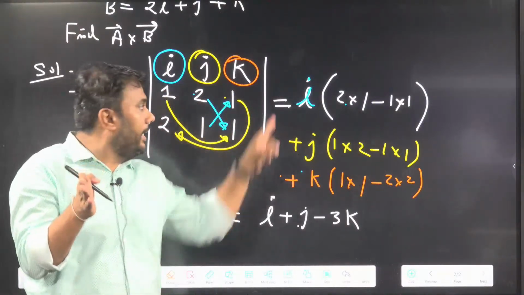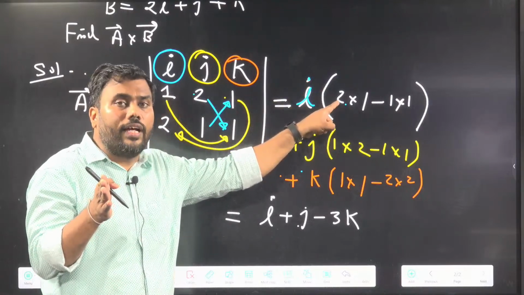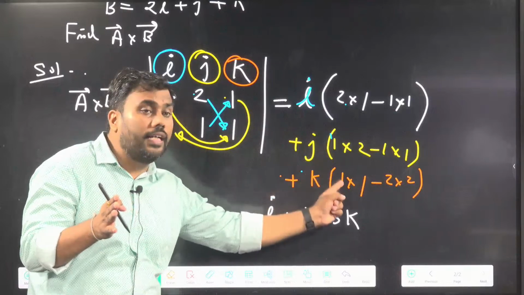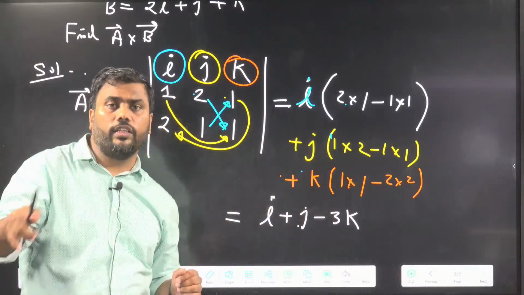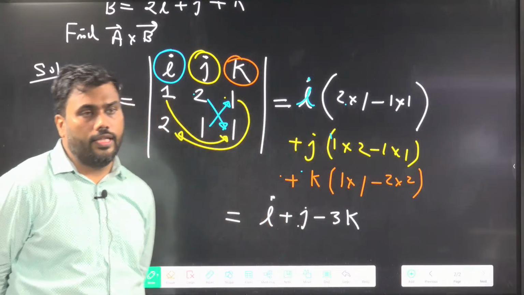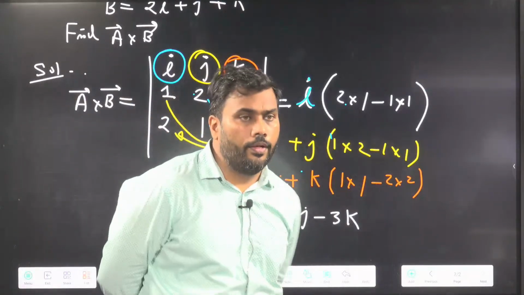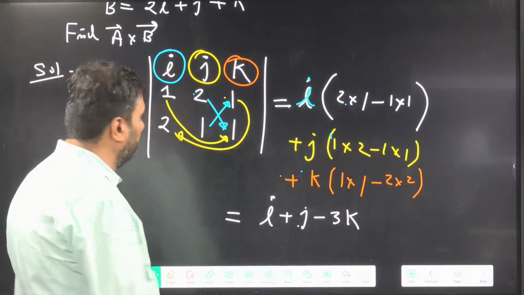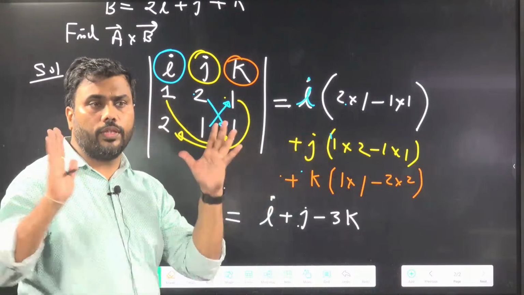If I am writing the x component, I start with y. If I am writing y, I start with z. If I am writing z, I start with x. So I am following x, y, z in a cyclic way. That's why there should be no negative sign here. This is how we find the cross product in component form.